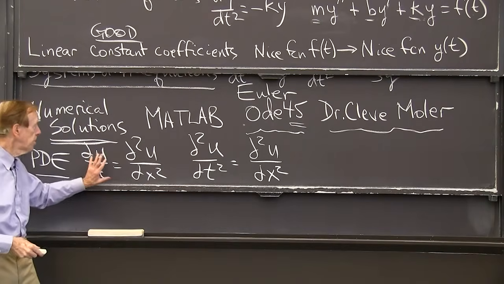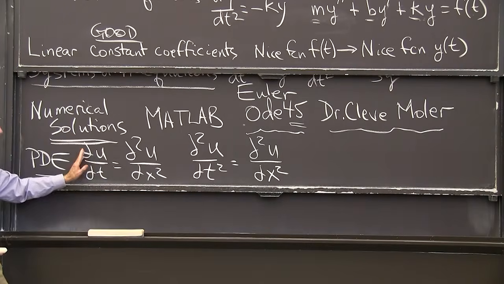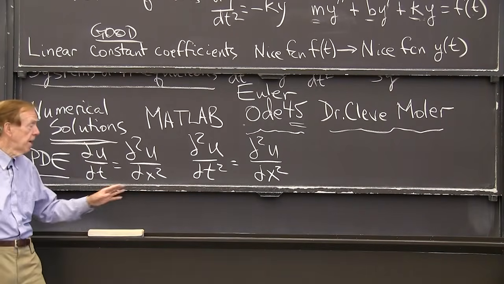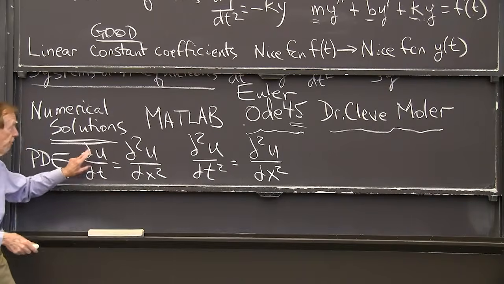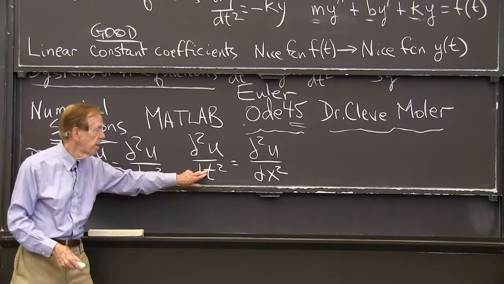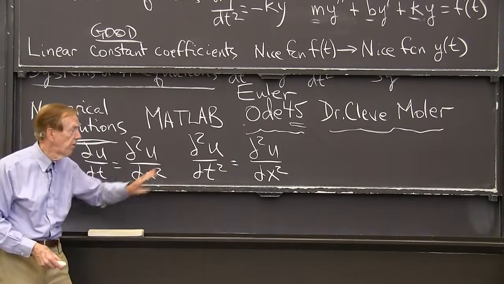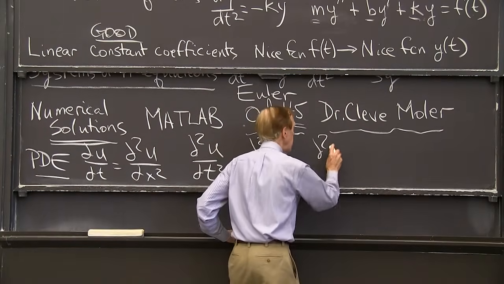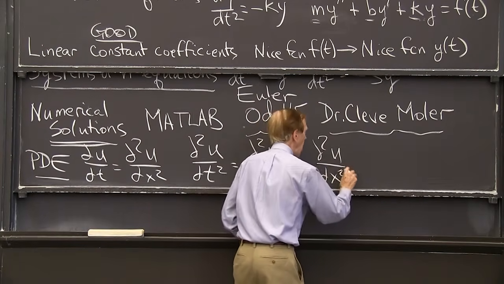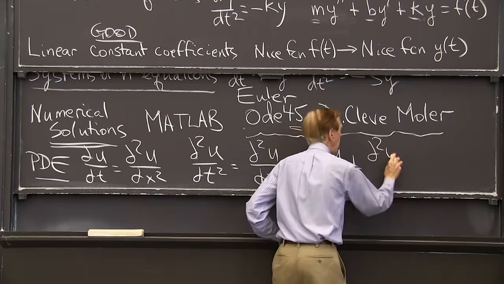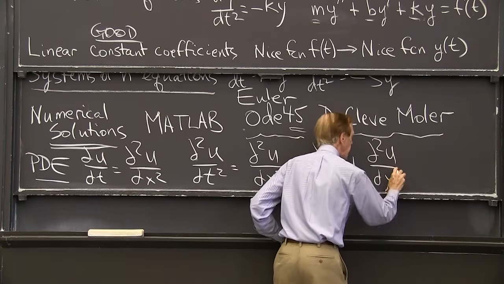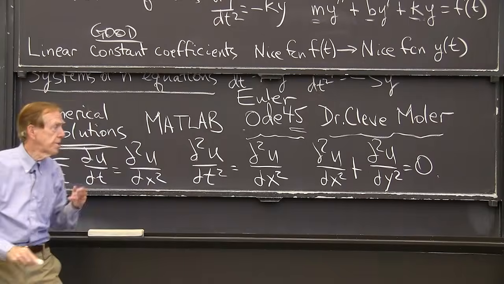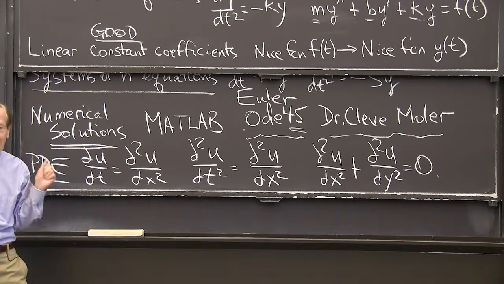So this is like the first order equation in time. It's like a big system. In fact, it's like an infinite sized system of equations, but first order in time or second order in time, heat equation, wave equation. And I would like to also include the Laplace equation. Well, if we get there.